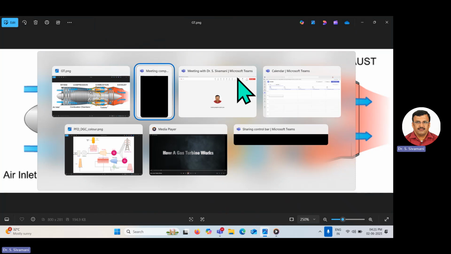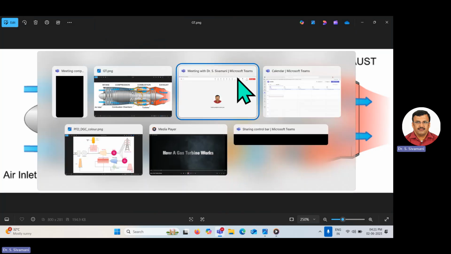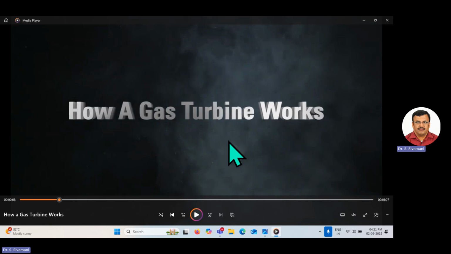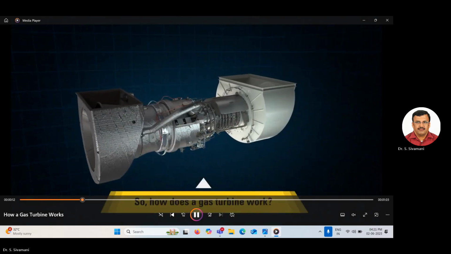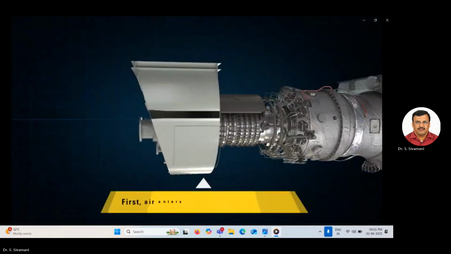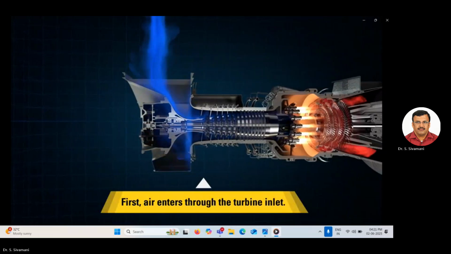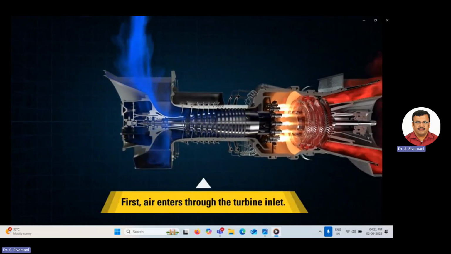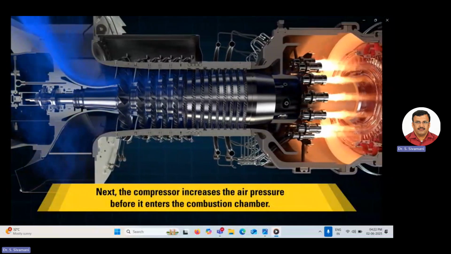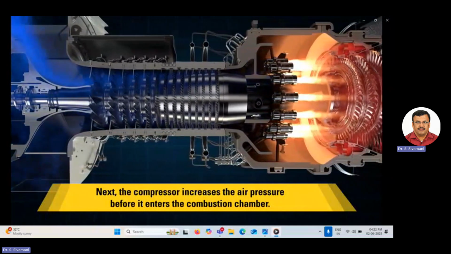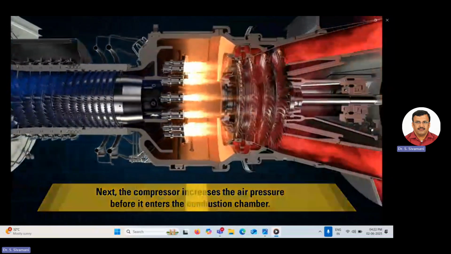So next I am going to show you the video of how the gas turbine works. If you see the video, it will be more clear to you. See here, the air is entering and the exhaust gas is leaving from the integrated compressor, combustion chamber and gas turbine.